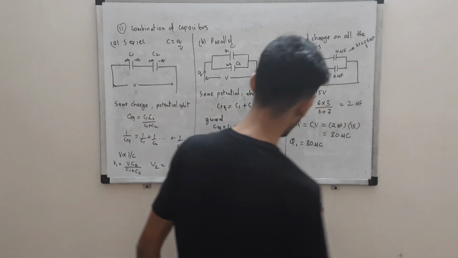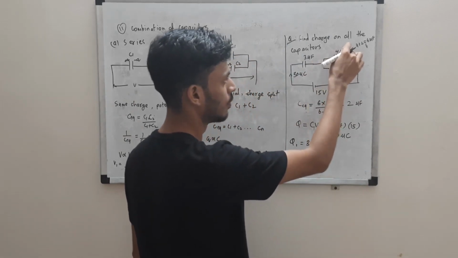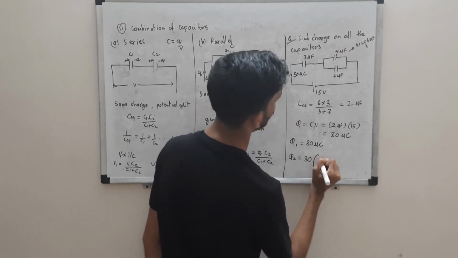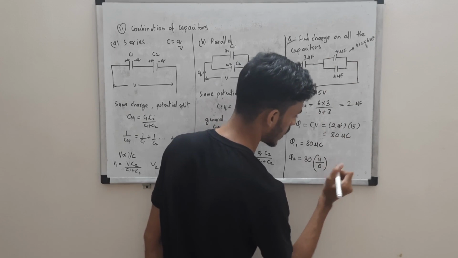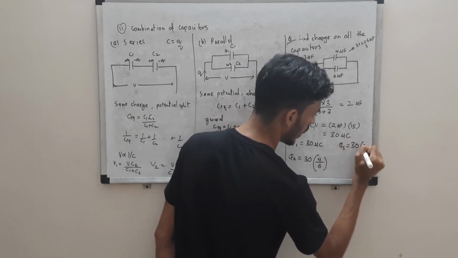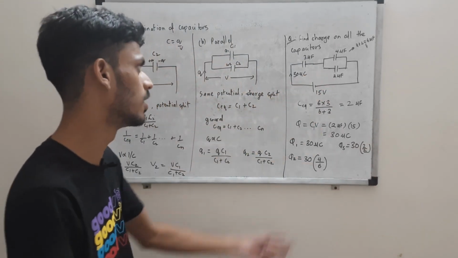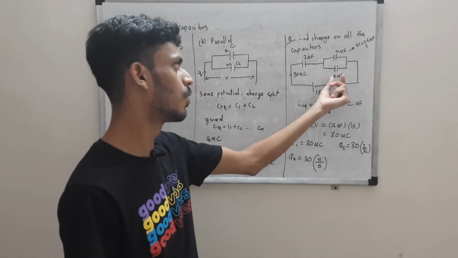So if you see Q2, you can actually divide this 30 into 6 parts, 4 plus 2. 4 parts should be given to the first one, 4 out of 6, and the rest, 2 out of 6, should be given to the next one, because of direct relation, right? Greater the capacity, greater it will store. This will store 4 of the 6 parts, and this will store 2 of the 6.